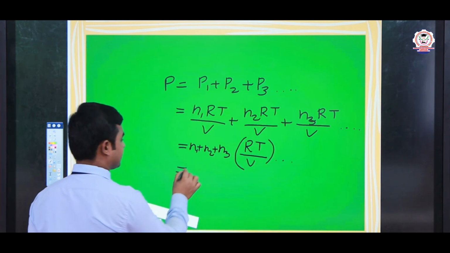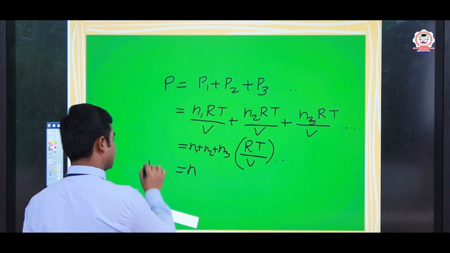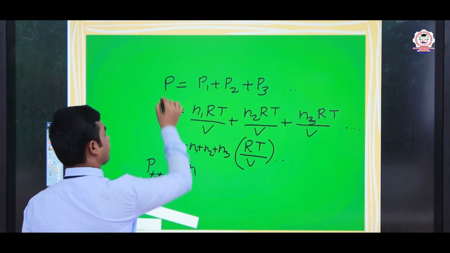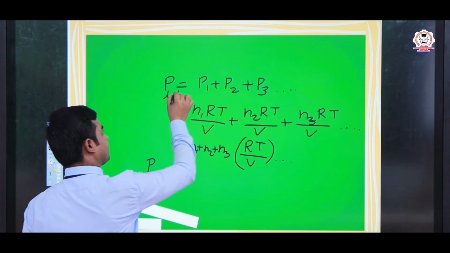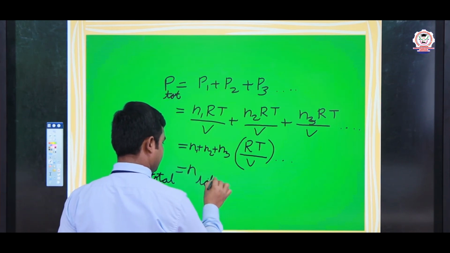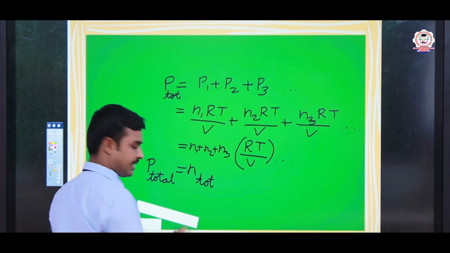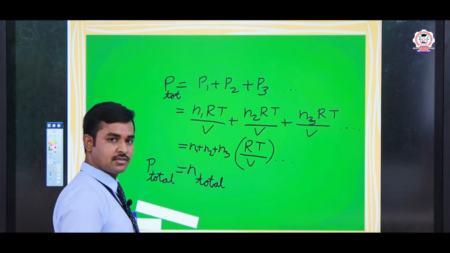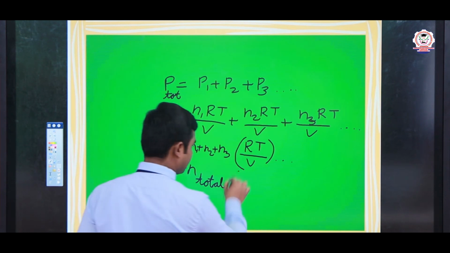So the total pressure can be written as P total. Likewise, you can write total for n also: n total means the total number of moles.